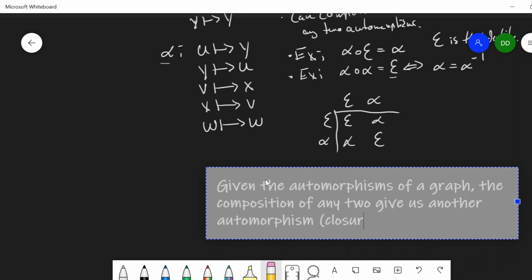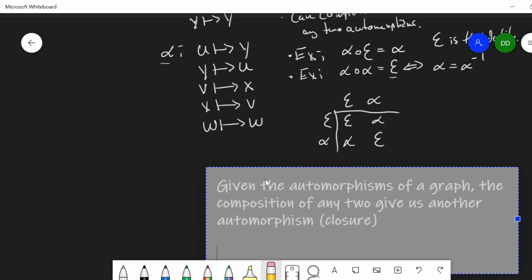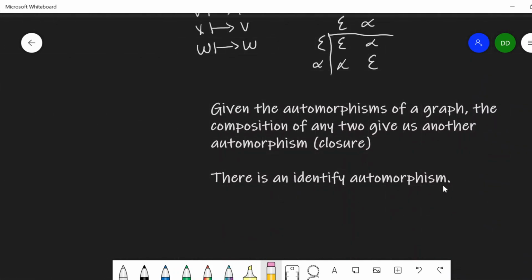So this is closure. There is an identity automorphism, and that's just the identity function.